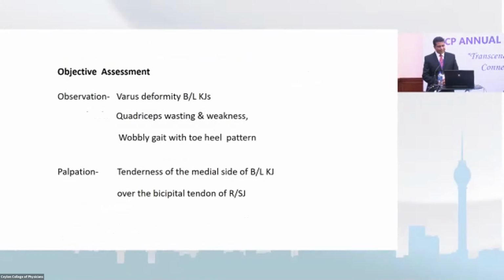In her objective assessment, the physiotherapist found varus deformity of both knees, quadriceps wasting and weakness, and a wobbly gait with a toe-heel pattern. On palpation, the subjective assessment was confirmed with tenderness on the medial side of the knees, as well as tenderness over the bicipital tendon of the right upper limb.